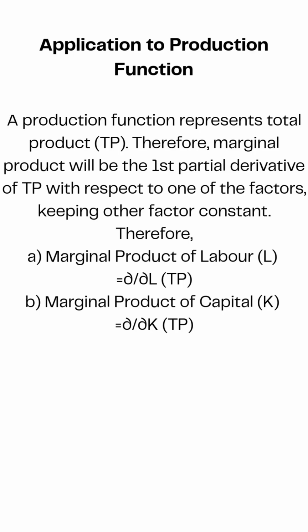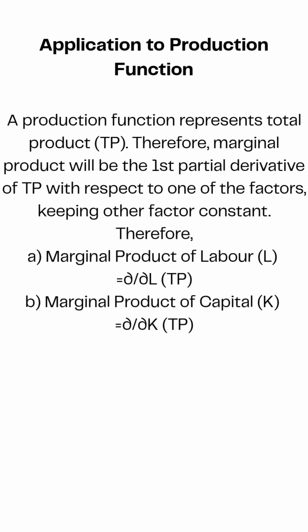If P equals f of L, K is the production function of two factors, labor L and capital K, then Euler's theorem states that L times the marginal product of labor plus K times the marginal product of K is equal to P. It means if all factors are paid according to their marginal product, then the total product is exhausted.